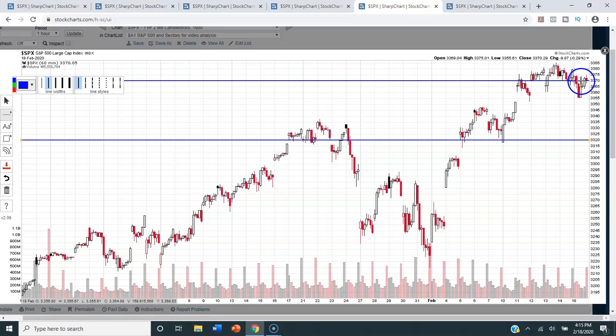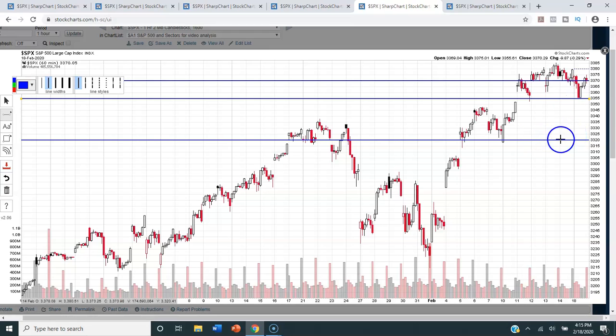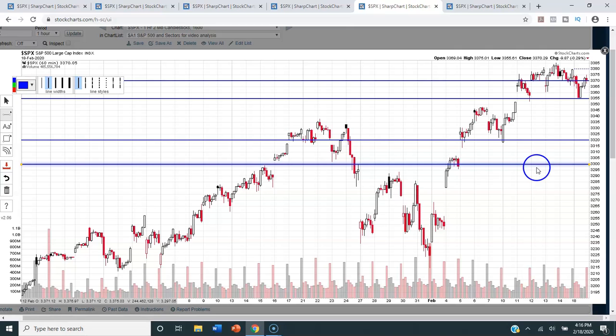So if 3370 doesn't hold, you can see that there's a little support here at 3355, but really the next level of support is probably going to be found somewhere around this 3320 area. And then if the 3320 area doesn't hold, any of you that have watched any of my past videos know that round numbers, in this case 3300, can act as support and resistance areas. There's a psychological effect with humans around these round numbers, but also it's good to look at trading ranges.